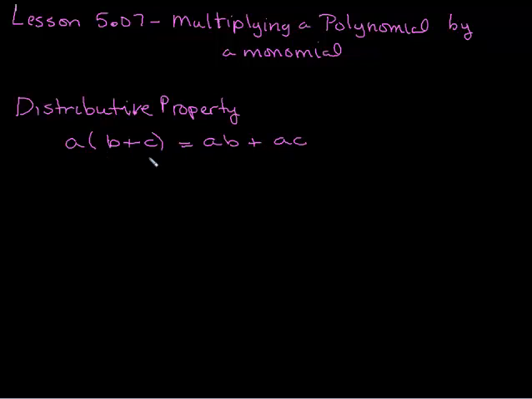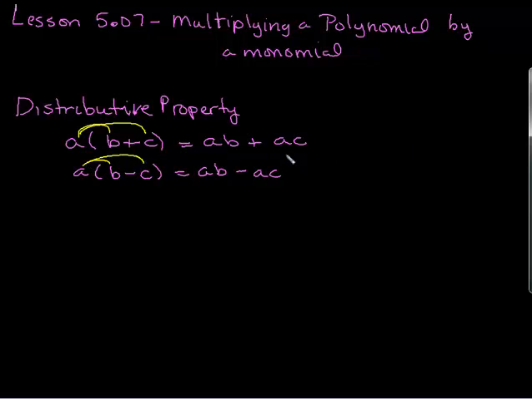A times (B plus C) is equivalent to AB plus AC, or A times (B minus C) is equivalent to AB minus AC. What we've done is brought in and distributed the A to the terms inside the parentheses.